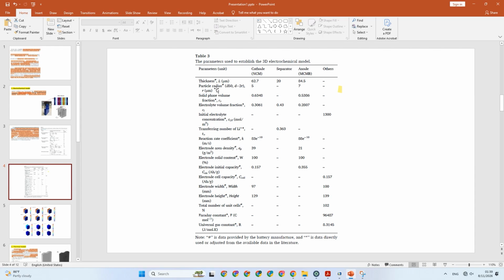Doesn't matter here. Particle size at D50. I don't know what is D50, D2R. I understand it. D means diameter, and R is radius. The radius is 5 micrometer for cathode.